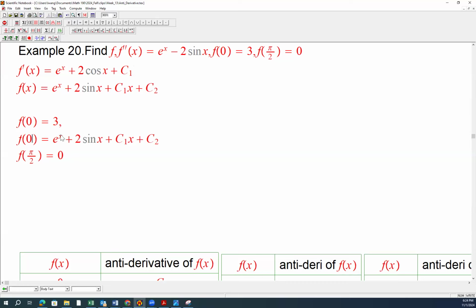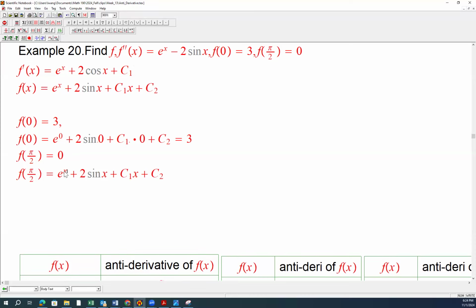On the first one, substitute x by 0, all the x replaced by 0, and it equals 3. Second one, we're going to substitute everything x by pi over 2, and that equals 0.